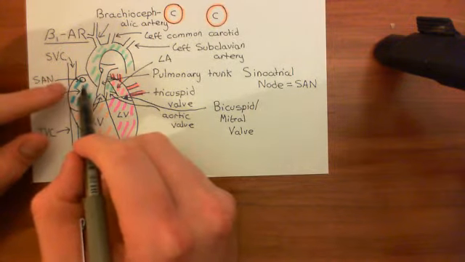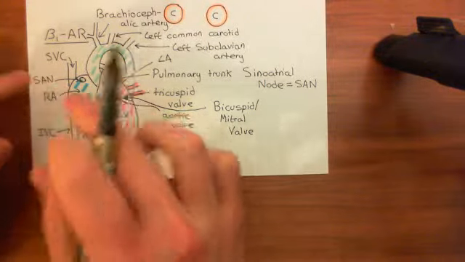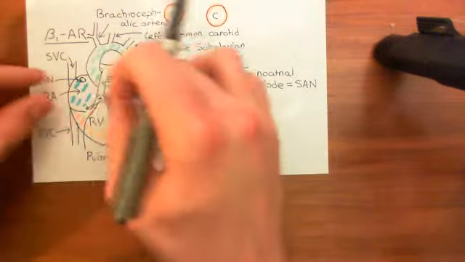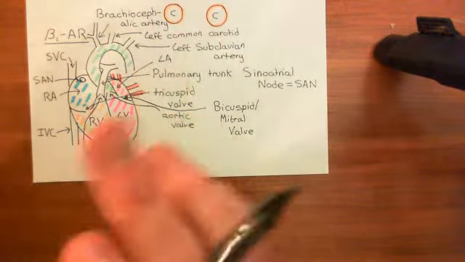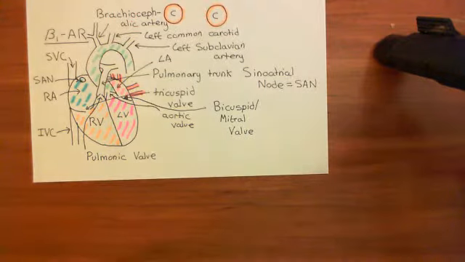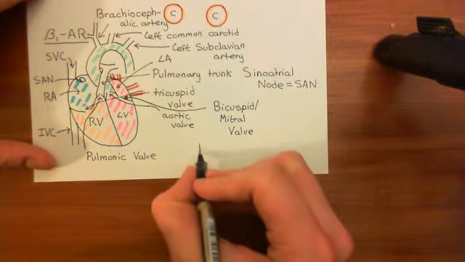Okay, so the wall of the atria, we're talking about the right atrium and the left atrium, they're in contact with one another, even though you can't really see it in my picture. Basically all the muscle cells of the atria are electrically connected to one another.